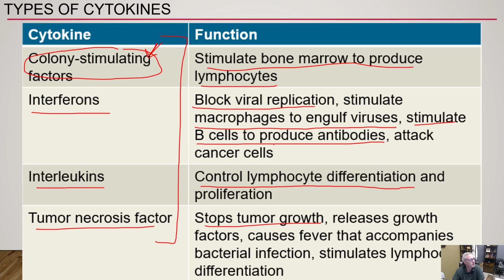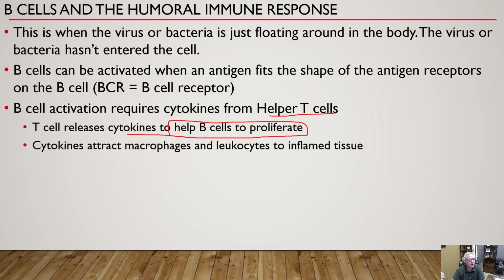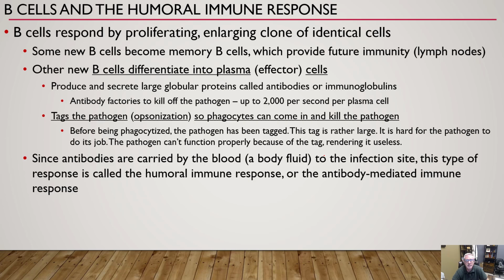So, releasing cytokines, and I'll put colony stimulating factors there. And the cytokines also attract those macrophages and leukocytes to the inflamed tissue. And the B cells are going to respond by basically enlarging the clone of identical cells.